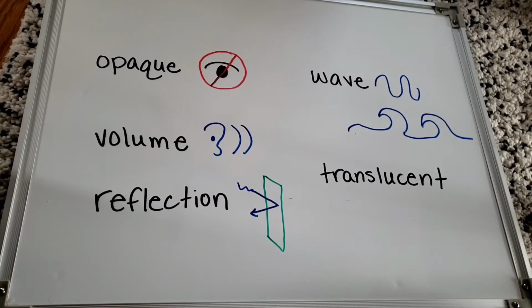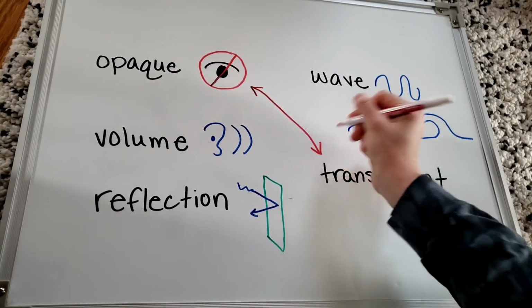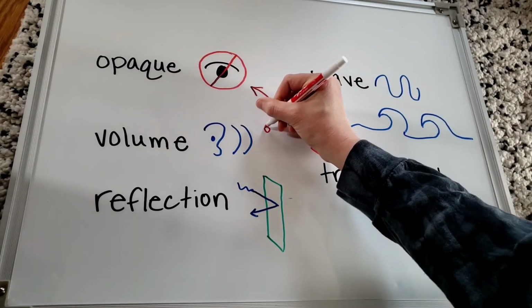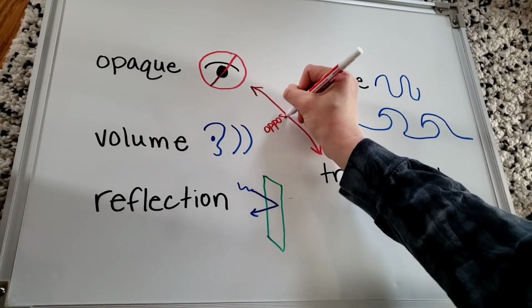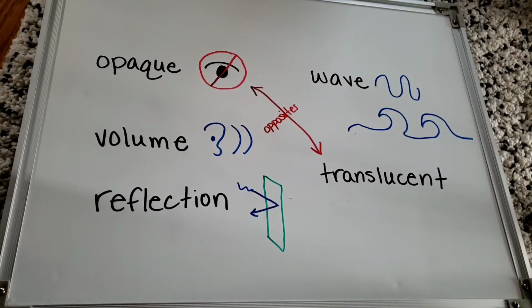Translucent and opaque are actually opposites. So these two words are related because they are opposites. And the way that they are opposites, let's think about this for a second. If opaque means that no light gets through, what do you think translucent means? If you guessed that translucent means that some light can get through, you are correct.